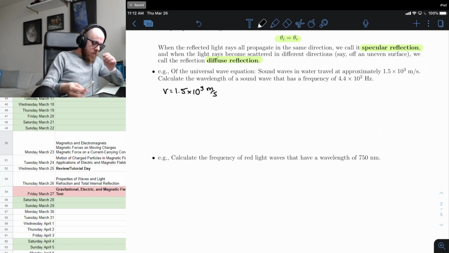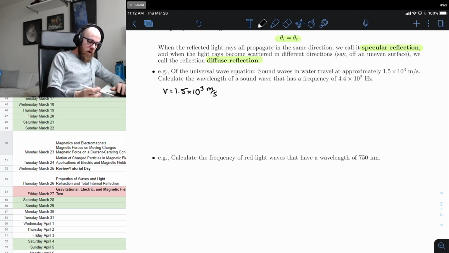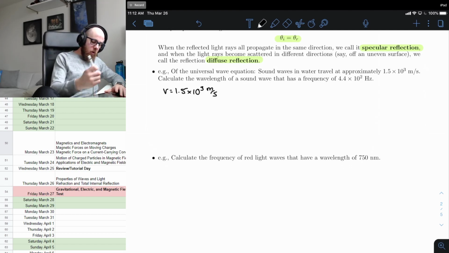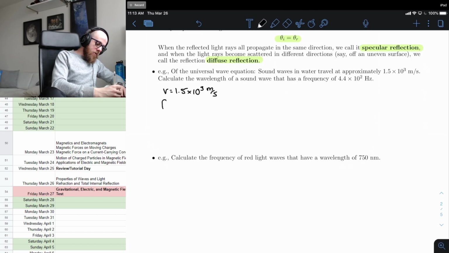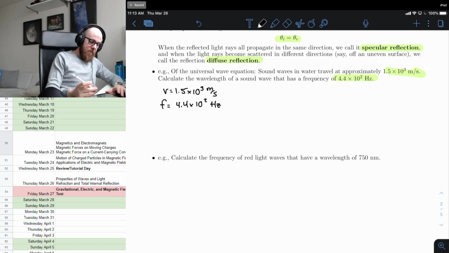Okay, sorry. The speed of sound waves in water is 1.5 times 10 to the 3 meters per second. We know that the frequency is 4.4 times 10 to the 2 hertz, and all we're looking for is the wavelength.